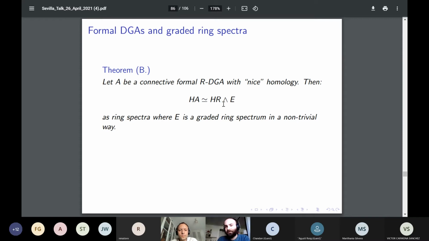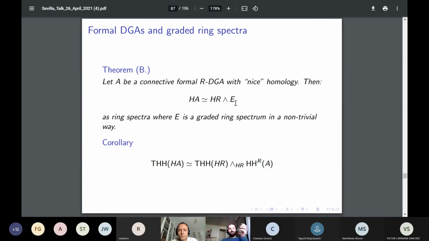It can be represented as HR smash E, where E is a graded ring spectrum in a non-trivial way. Now this provides two things. It provides a splitting, and it provides that this E is a graded ring spectrum.